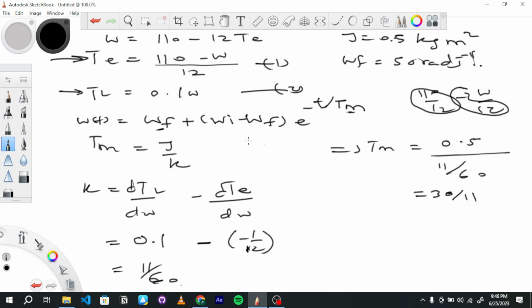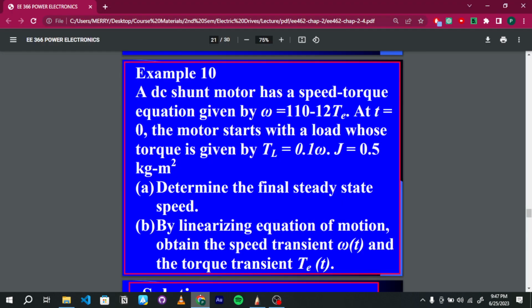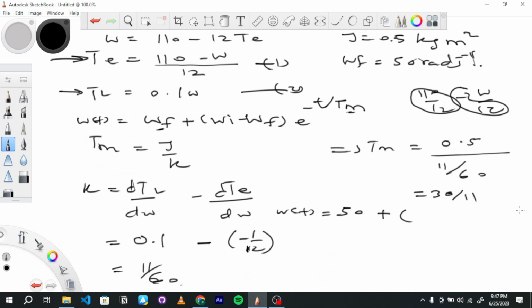So I can now put what I found into the transient speed. So omega at t is equal to omega f, we found the final speed to be 50, plus omega i minus omega f. Now what's omega i? Let's go to the question and see. Question says the motor starts with a load. So the motor is starting, it means initial speed is 0. So it's 0 minus final speed 50, multiplying e to the minus t over tm, which is 30 over 11.